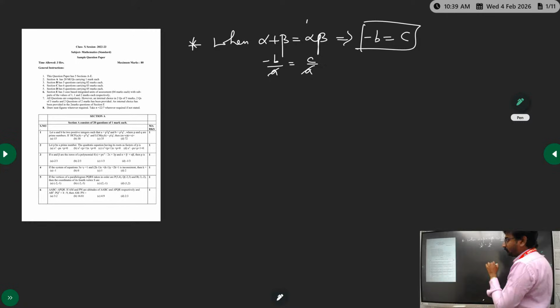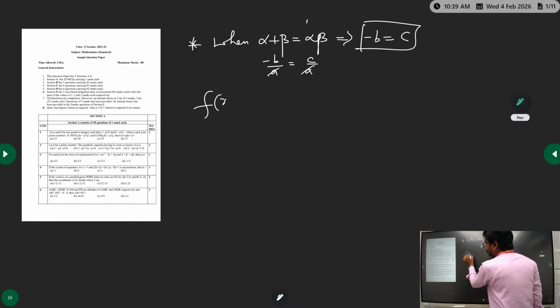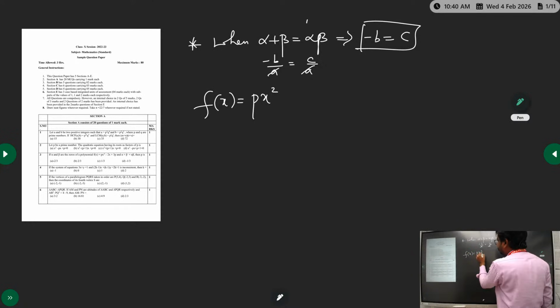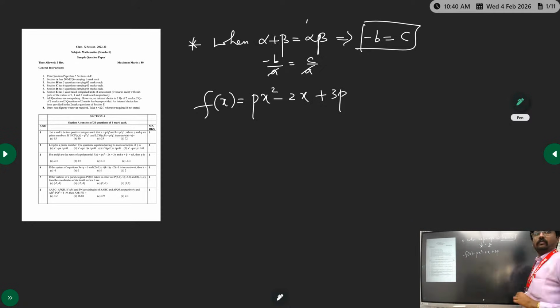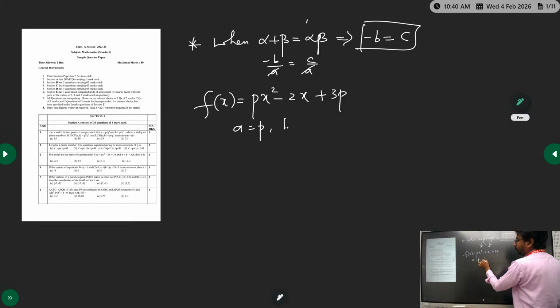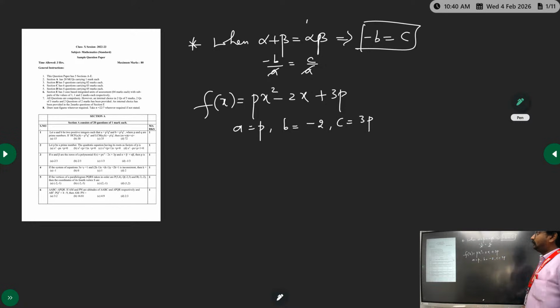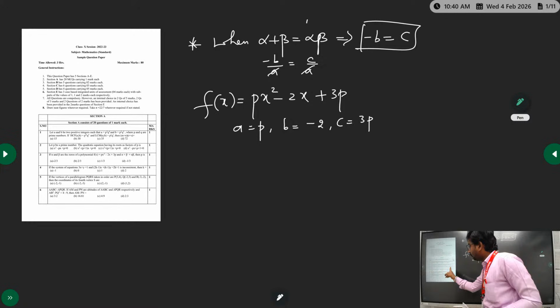Now what is the question given here? F of x is equal to px square minus 2x plus 3p. It is in the form of ax square plus bx plus c. What is a value? P. What is b value? Minus 2. What is c value? 3p. If alpha plus beta is equal to alpha beta, then what is p they are asking?